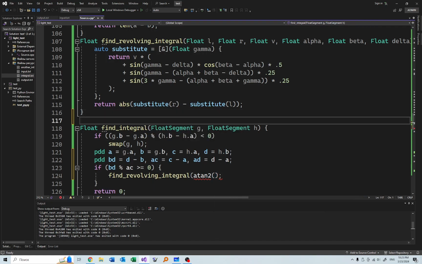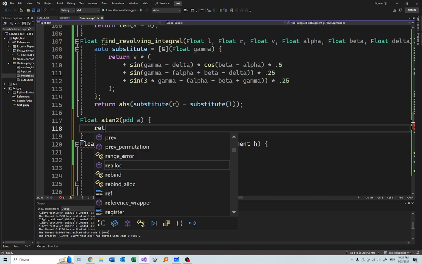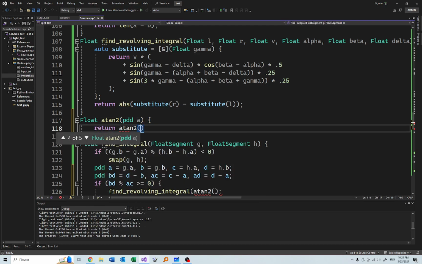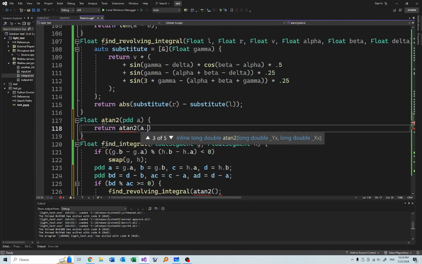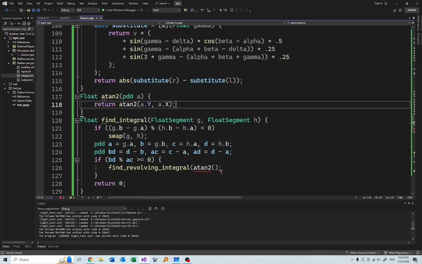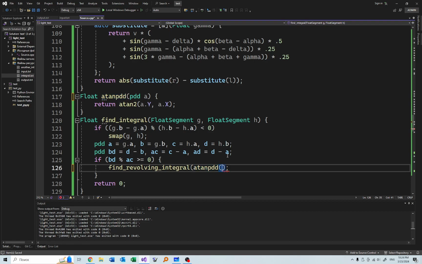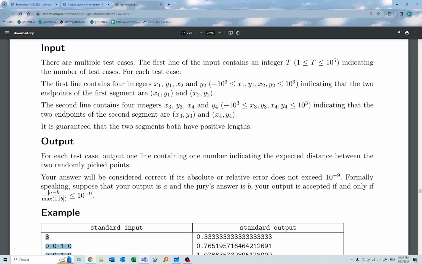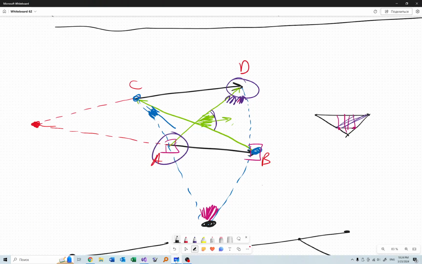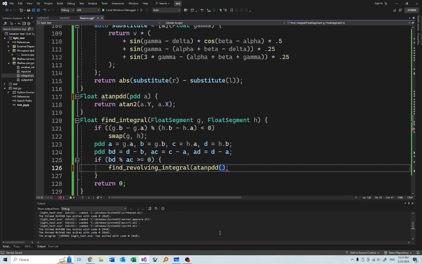So atan2 of, let's write a function actually. Plot atan2 of point A. And it takes a.y, a.x. So we take arctangent of AD to BD.